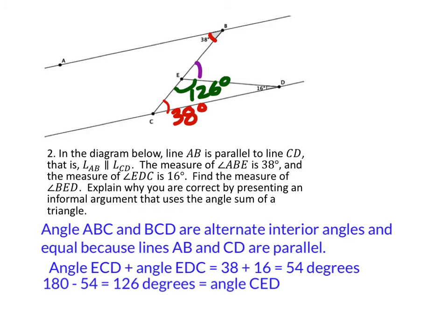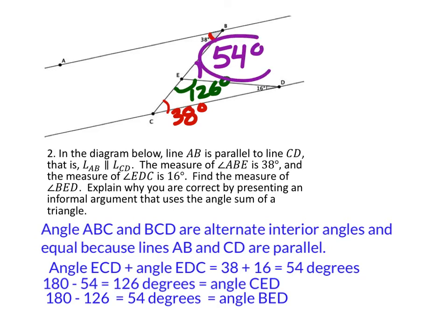So we're going to take off 126 from 180 to figure out that purple angle there. 180 minus 126 is 54 degrees, which gives us angle BED, which is that purple angle. So this is angle BED at 54 degrees. And that's the answer we wanted on that.